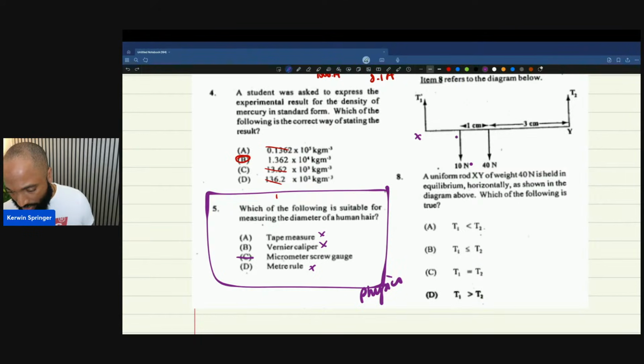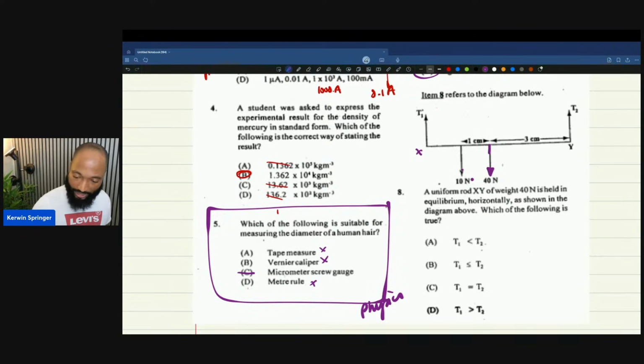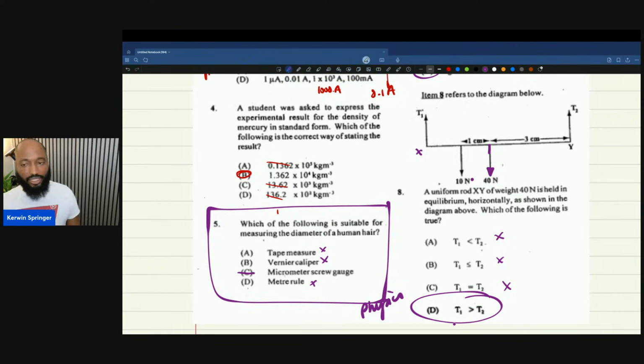So what we have, it's uniform. This is 3 centimeters, 1 centimeter. 40 newtons is at the equilibrium. So they're saying this is the center of equilibrium. So it means that this has more weight on this side. So the tension in T1 has to be higher. So T1 is not this, not this, not this. Answer is D. All right, so the first 8 questions are done.